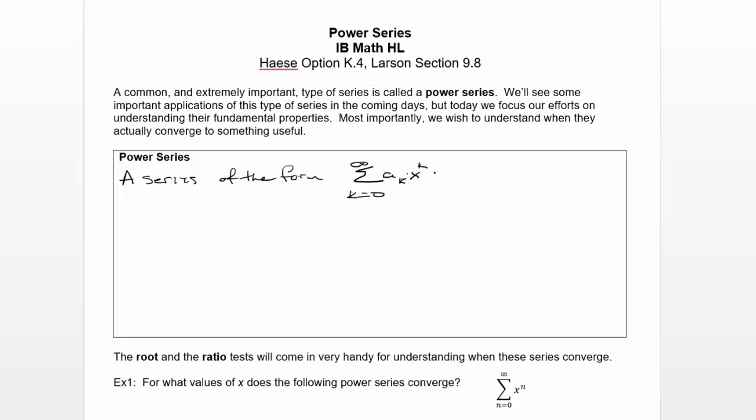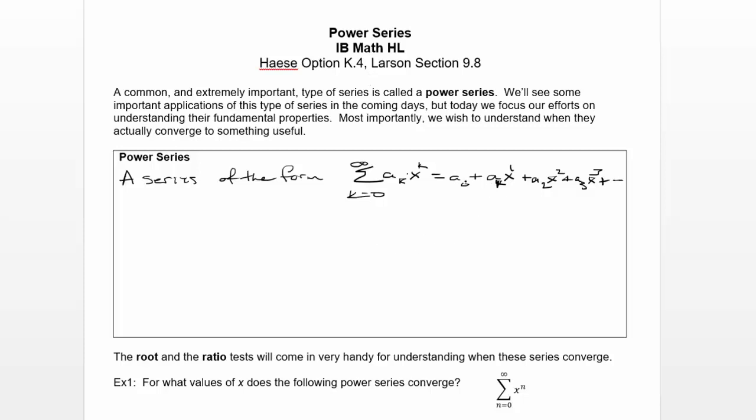So note, if I write out what this looks like, this is really an infinite polynomial. It's got a constant term, and then it's got a first order coefficient, and then it's got another coefficient times x squared plus the third coefficient times x cubed, and keep going.